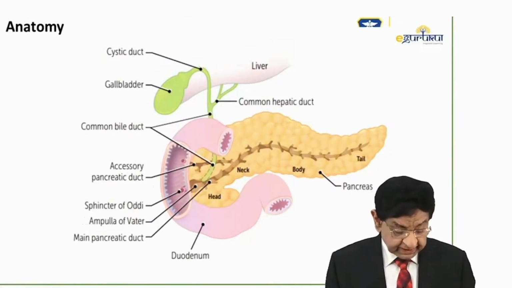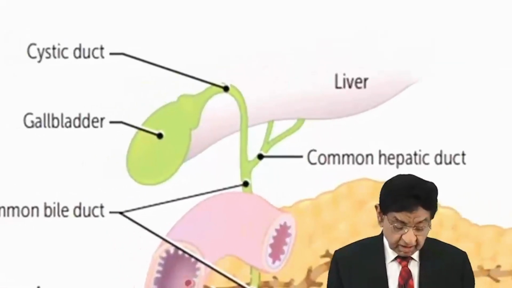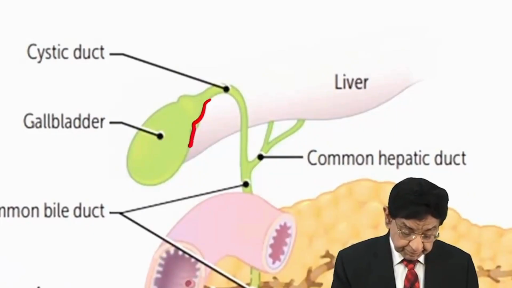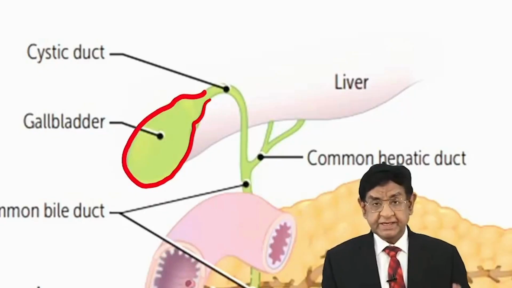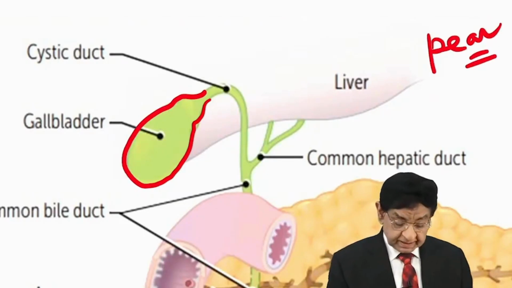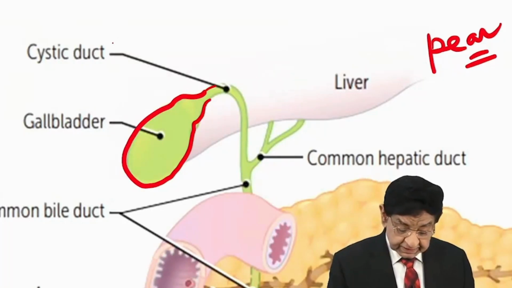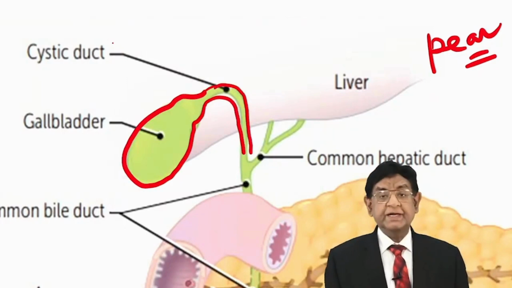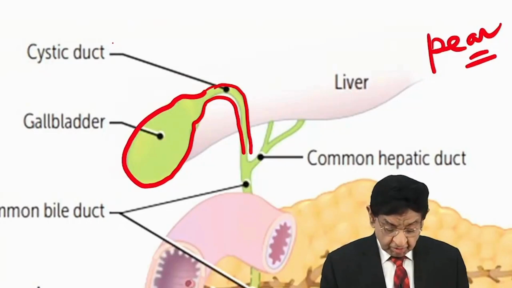So in the anatomy we have a gallbladder, just like the shape of a pear, lovely fruit, and the duct which drains it is the cystic duct. The cystic duct combines with the duct coming from the liver, the so-called common hepatic duct.